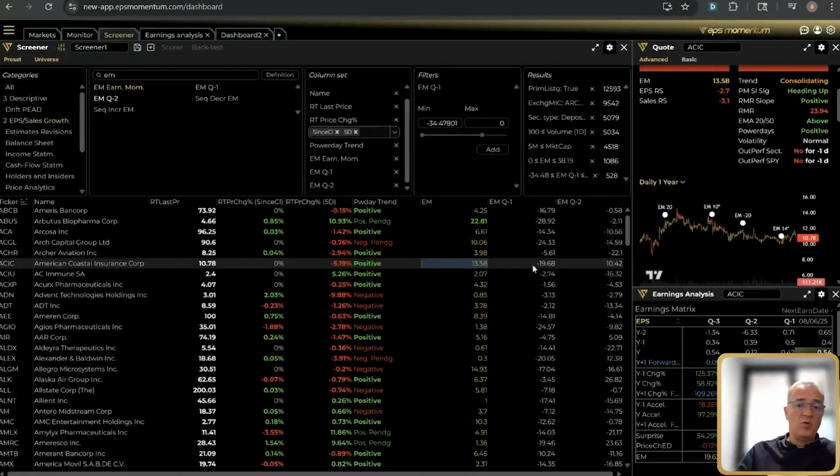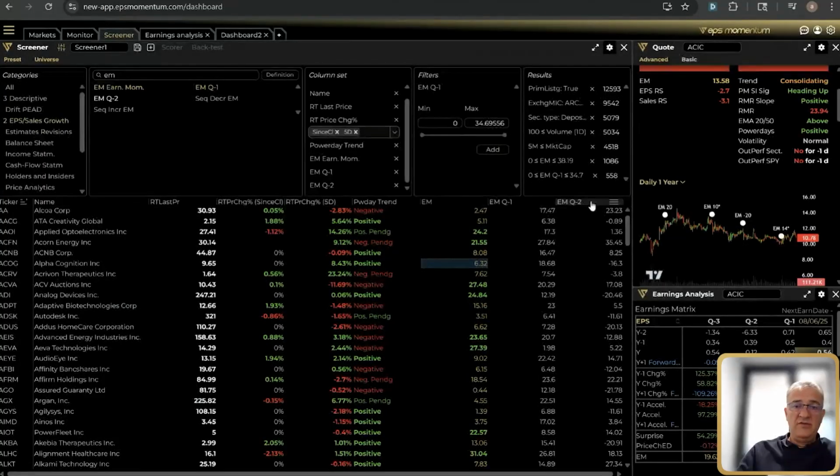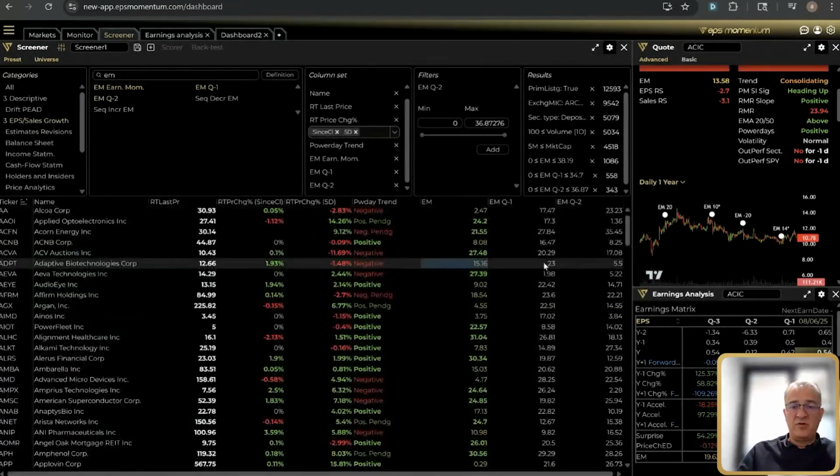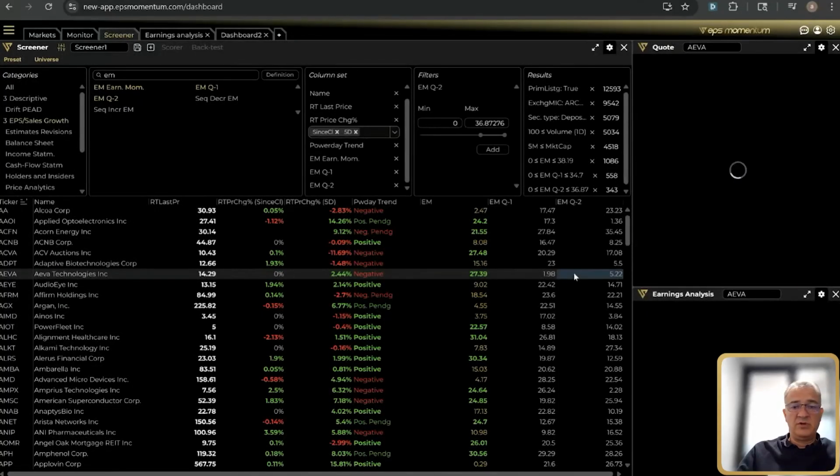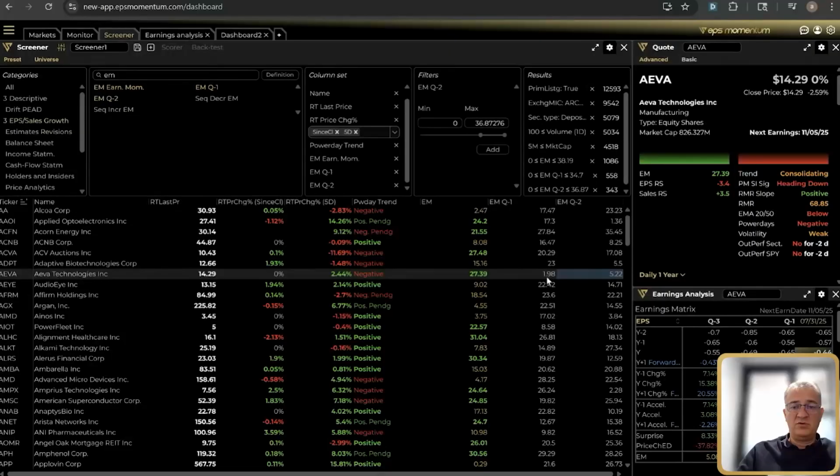Or you can have an opposite view and say you want the EM to be positive at least for the previous quarter, even for Q-2. So I click on Q-2 and I put a 0 here as well. And then I filter, and therefore I only want to see positive EM several quarters in a row. For example, this guy has been 5, 2, and 27.